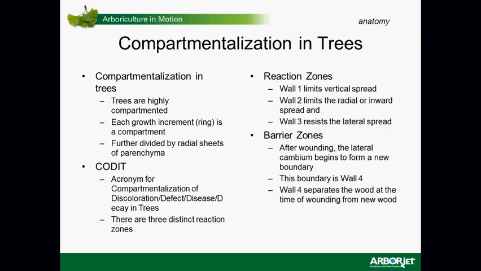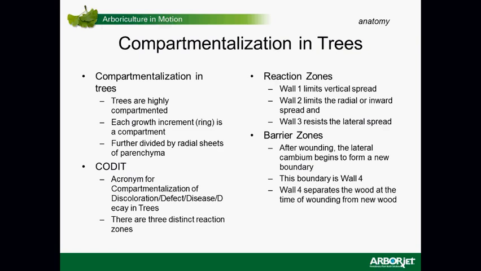There are 3 distinct reaction zones. They may be described as wall 1, 2, and 3, which have a very definite orientation. So wall 1 limits the vertical spread, so that's with the stem, up and down. Wall 2 limits the radial spread, or inward toward the center. And wall 3 resists the lateral spread, or the circumferential spread. And those reaction zones generally are arranged from weakest to strongest.